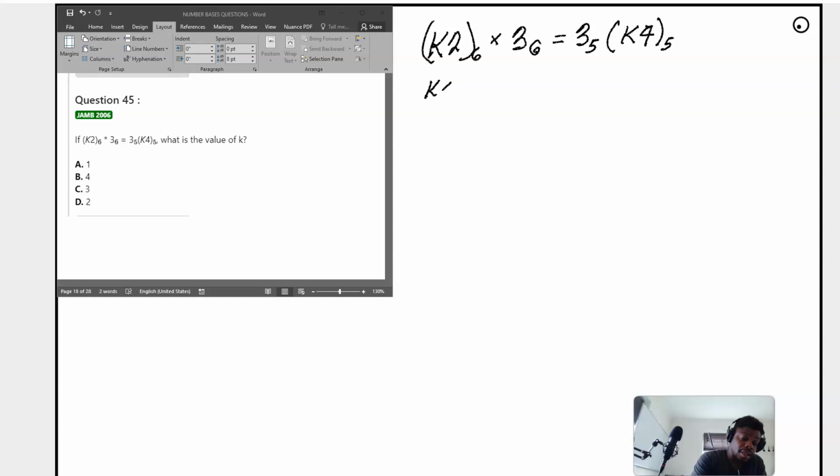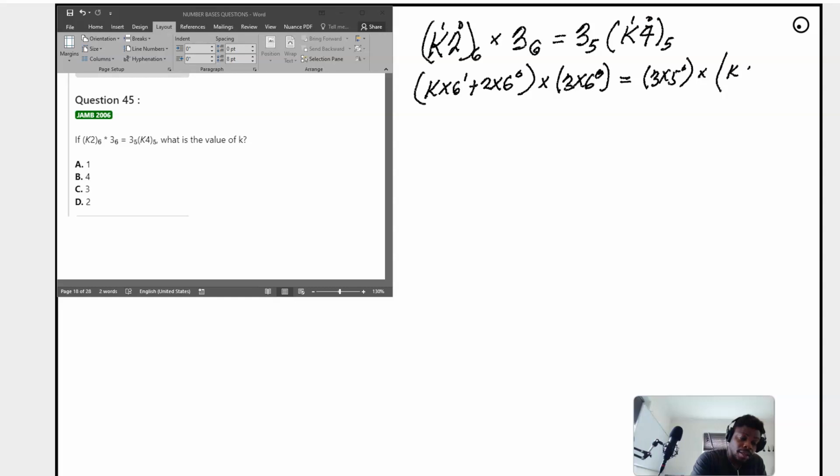Okay, that is k times 6 raised to 1, plus 2 times 6 raised to 0. Then this is 3 times 6 raised to 0, and this is 3 times 5 raised to 0.